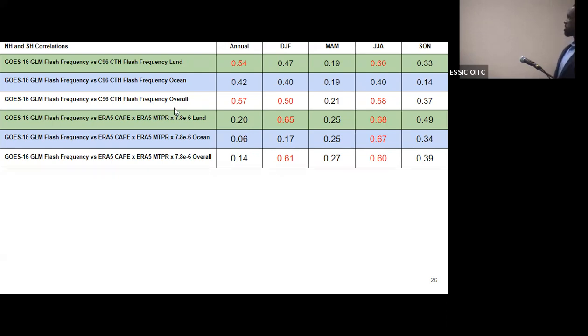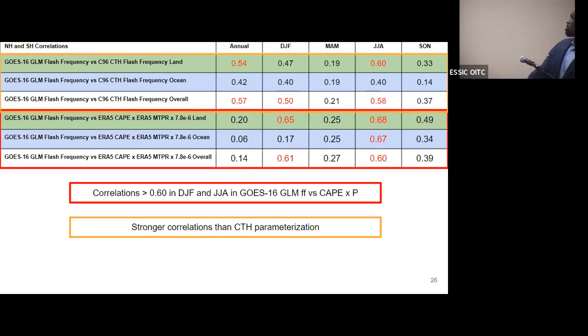So this seems to be fairly promising for our research, and this is something we want to dig more into as far as looking at CAPE and convective or total precipitation within our model. So I basically say that here.